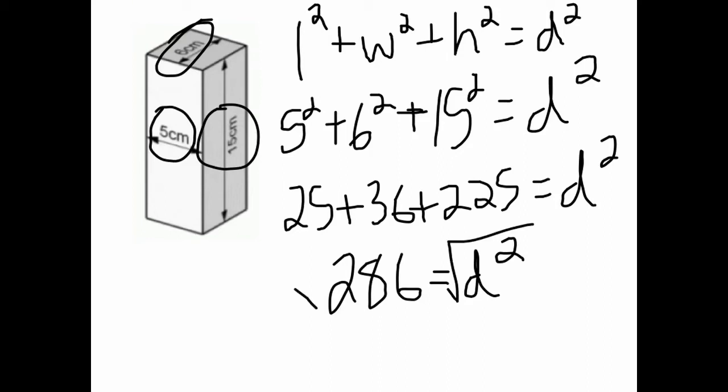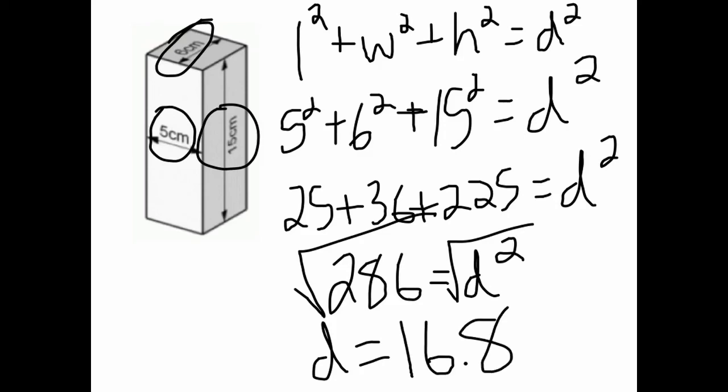If I take the square root of both sides, you're going to come out with roughly about 16.8 or so. Use your calculators to figure that out.